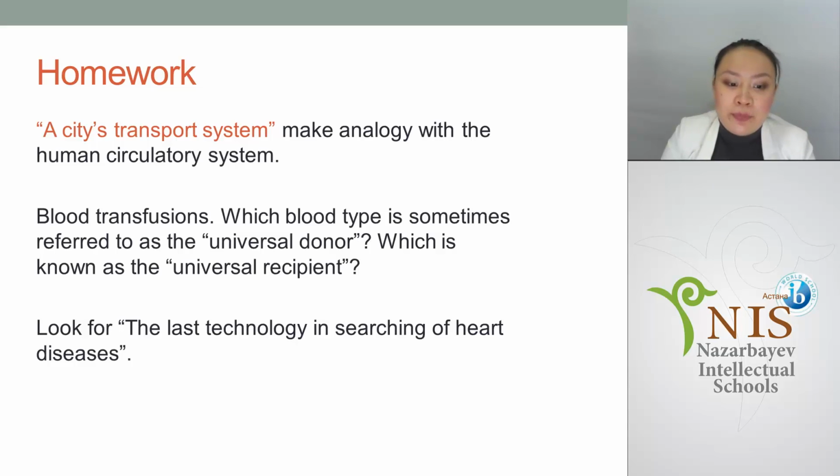Even if you don't have any information, you could look at donors and recipients and why this type of blood is universal donor or universal recipient. You should answer these questions. And of course you should look at the 4 types of blood: first, second, third, and fourth.